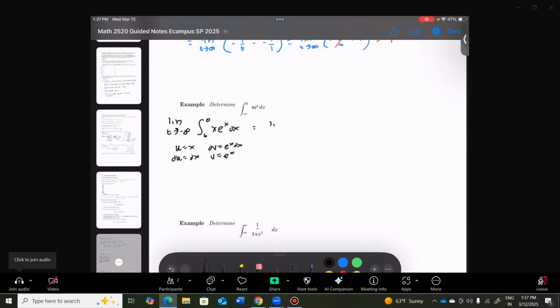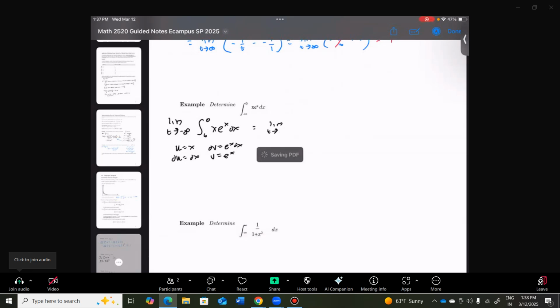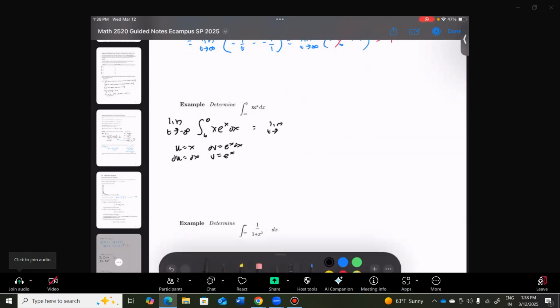This becomes the limit as t goes to negative infinity of x e to the x evaluated from t to 0 minus the integral from t to 0 of e to the x dx. This is uv minus the integral of v du.